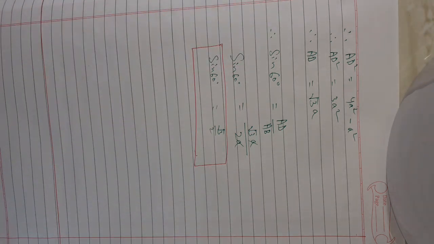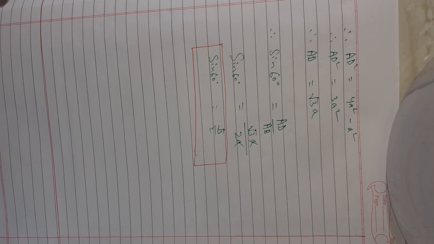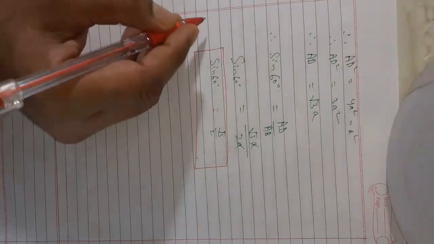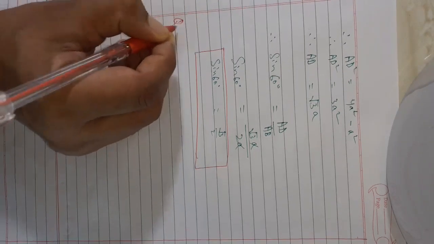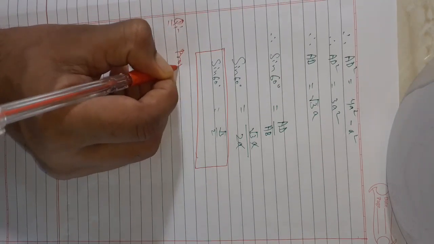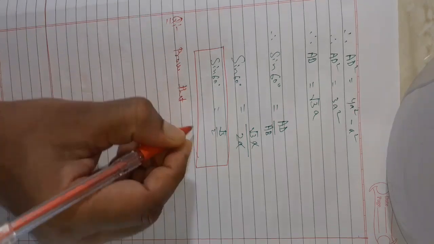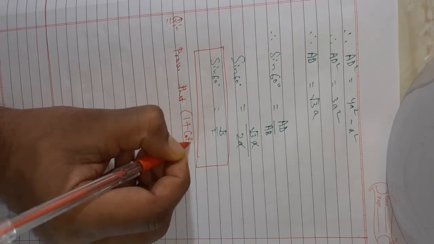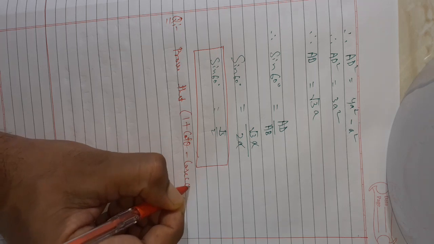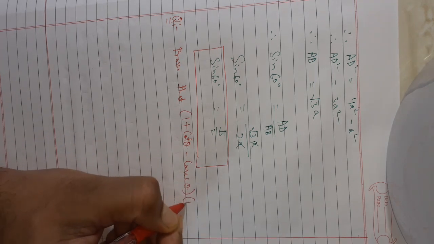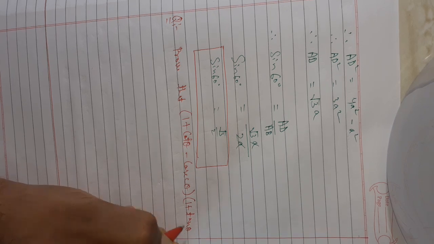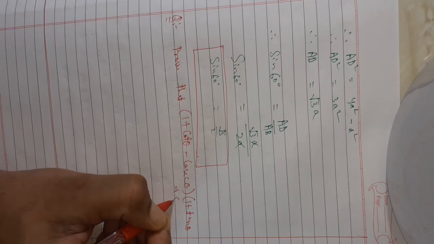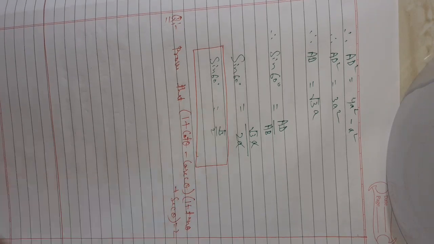Next question: prove that (1 plus cot theta minus cosec theta) into (1 plus tan theta plus sec theta) is equal to 2.